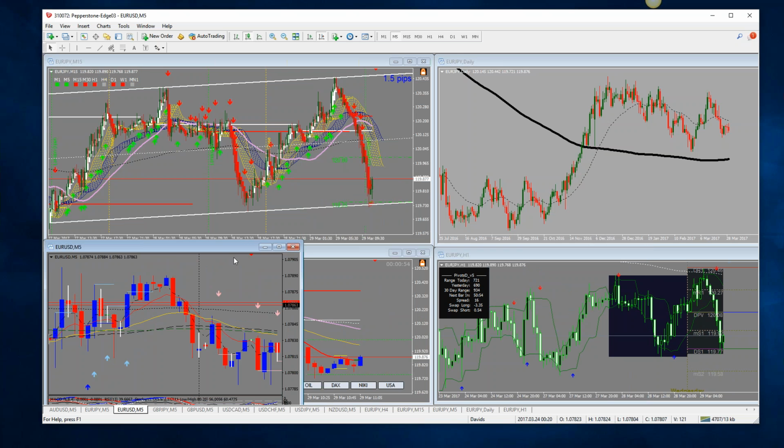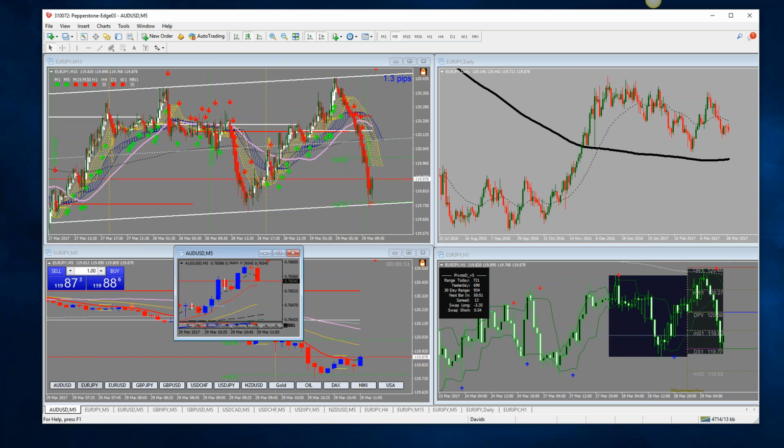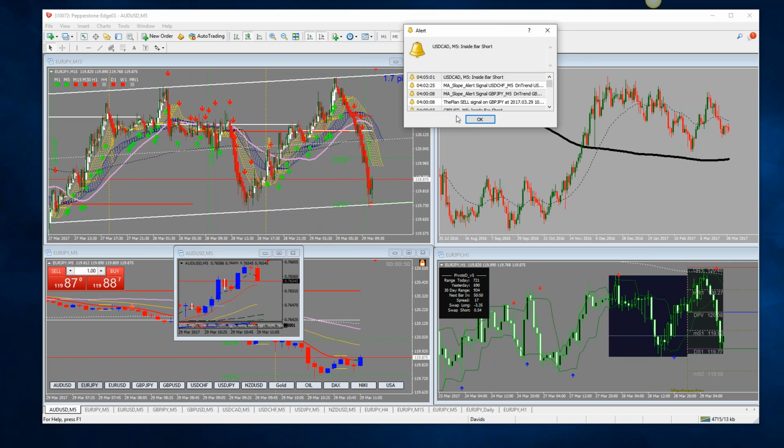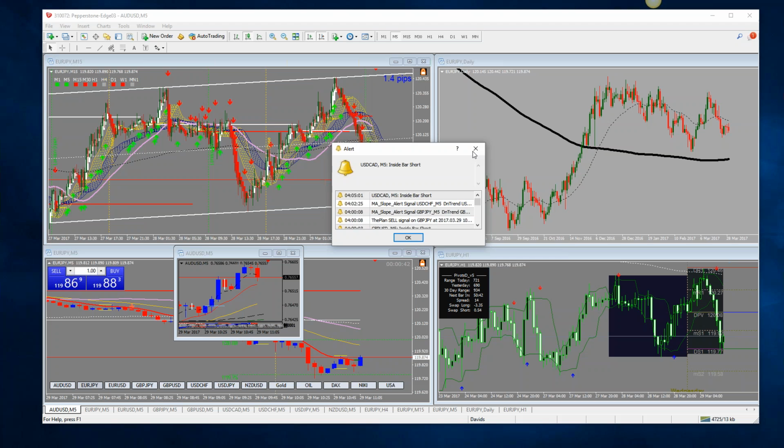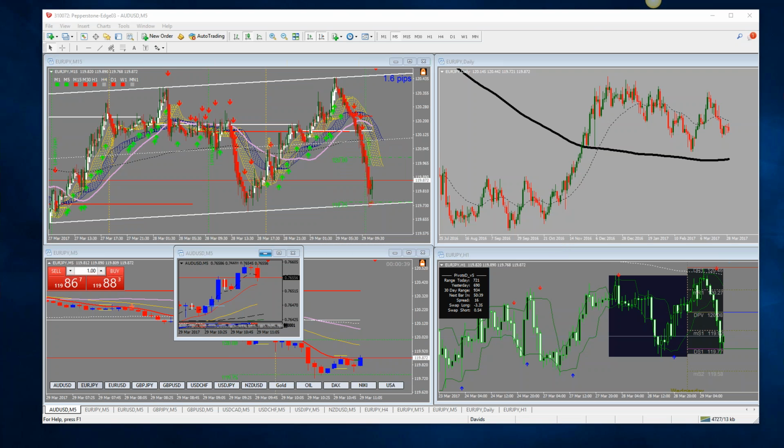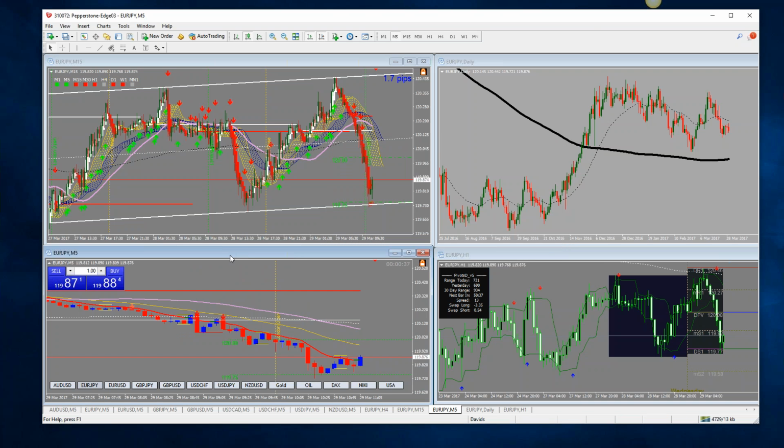So what happens is when I get an alert, it pops up, you know, an inside bar, the sell signal, what have you. Let me move that out of the way for a second. Let's say, for example, I get a signal to go on the pound dollar.